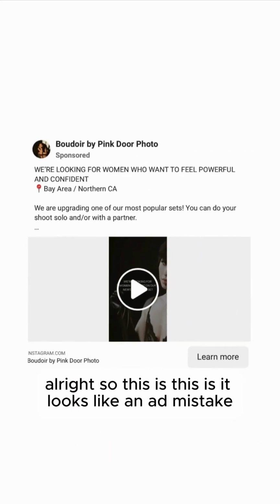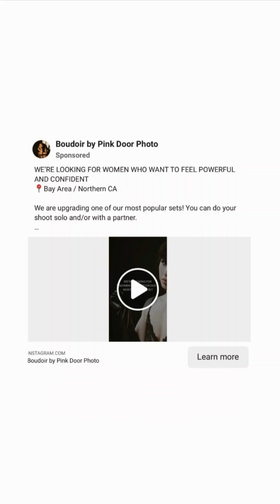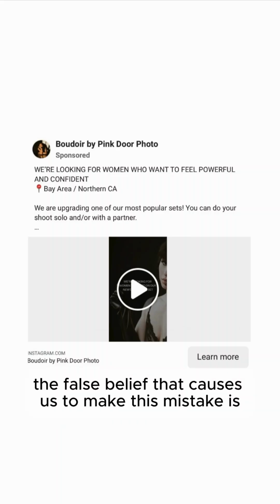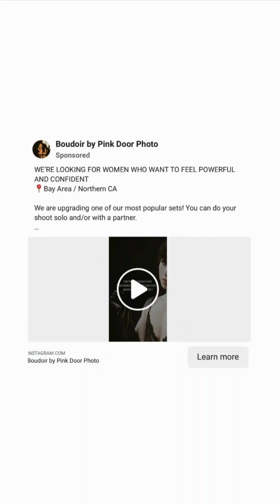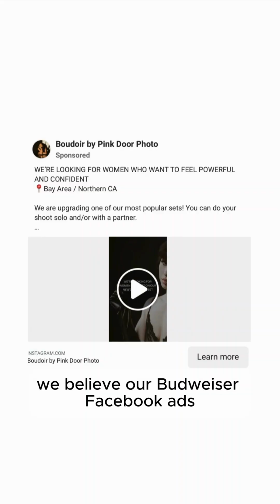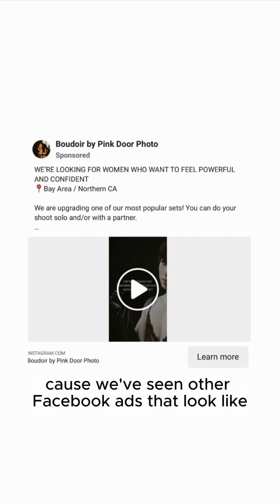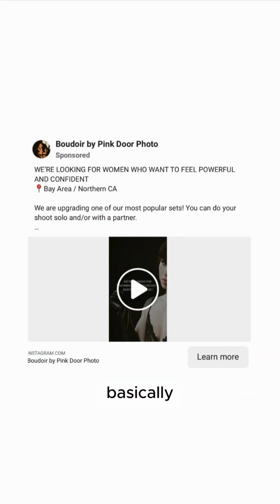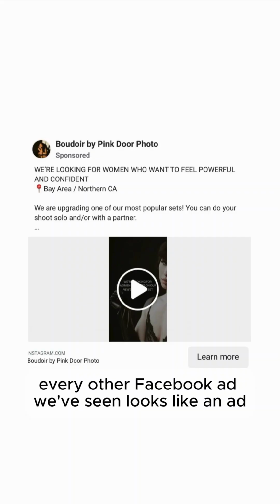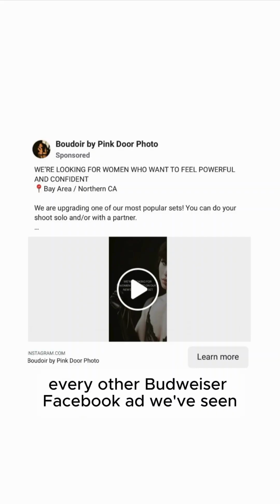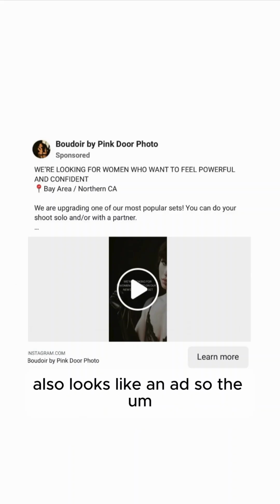All right, so this looks like an ad mistake. The false belief that caused us to make this mistake is we believe our Boudoir Facebook ads should look like ads because we've seen other Facebook ads that look like ads. Basically every other Facebook ad we've seen looks like an ad, and basically every other Boudoir Facebook ad we've seen also looks like an ad.